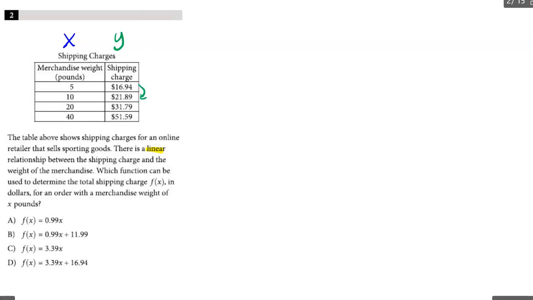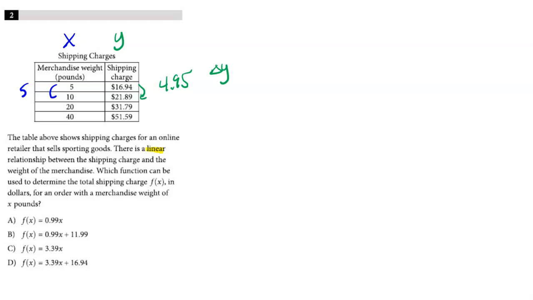If you look at it, y is changing. So the first one, it looks like it jumps $4.95. And a lot of times I like to write this as change in y, or delta y. Now for the x jump in the same spot, the x jumped by 5.